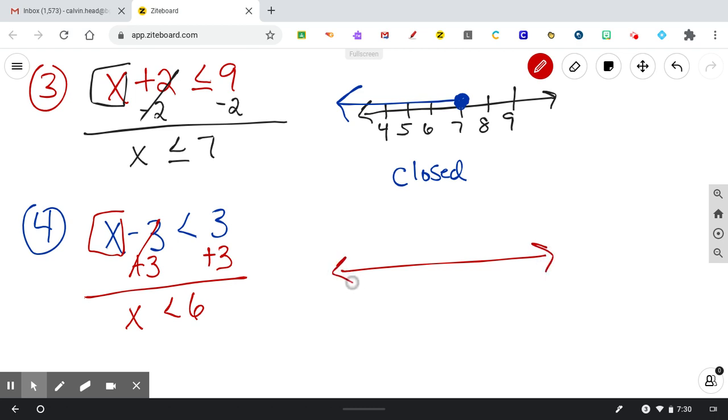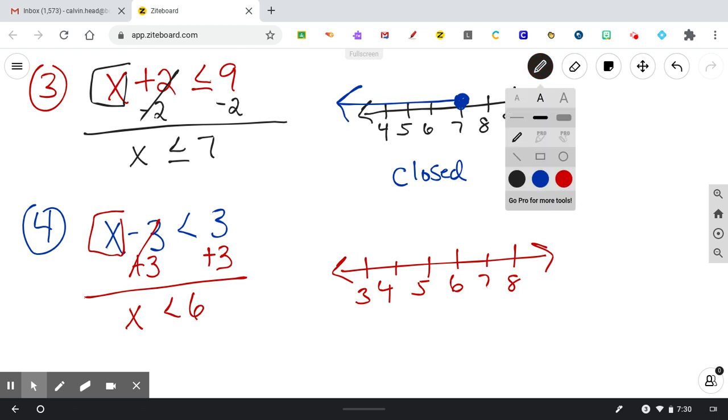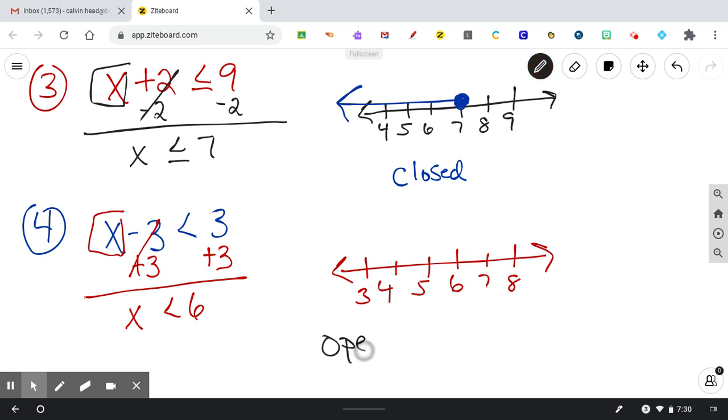Draw my line. Number it. Put 6 here. 5, 4, 3, 7, 8. Okay. This is an open circle. So I put open circle on 6. And I draw my line to the left.